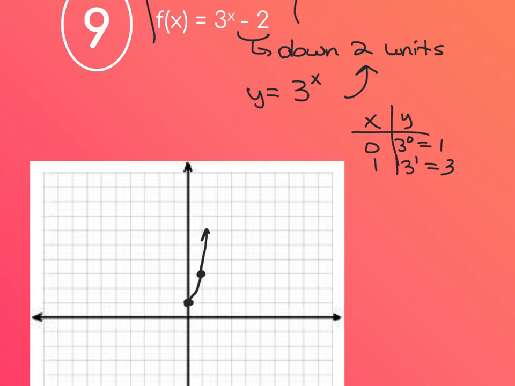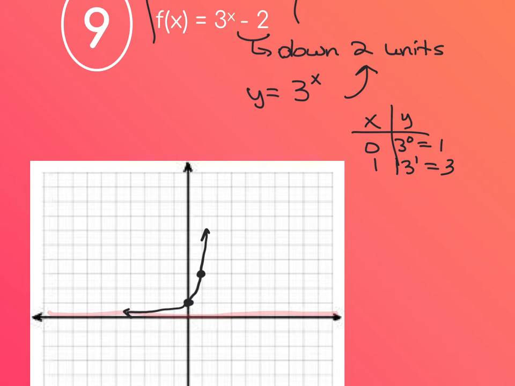You also have your asymptote in here. Don't forget to graph that as well. And then make it skim along. Now I'm going to shift these 2 points and my asymptote 2 units down.